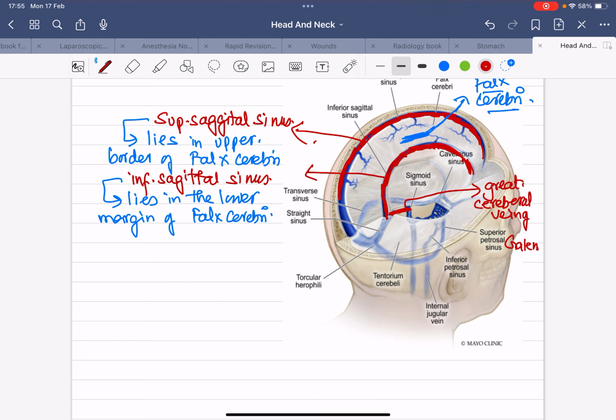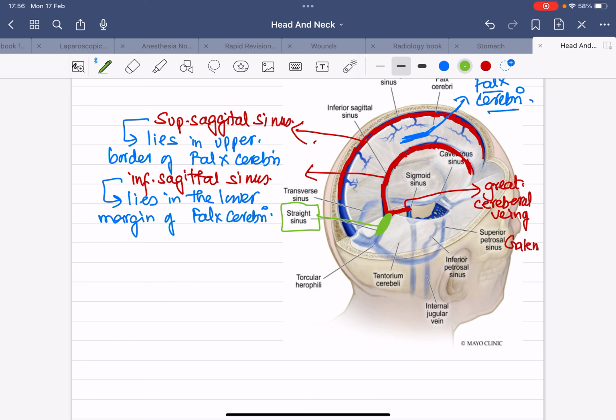This great cerebral vein of Galen joins the inferior sagittal sinus, and now it forms this sinus which I am highlighting in green color. This is known as straight sinus.